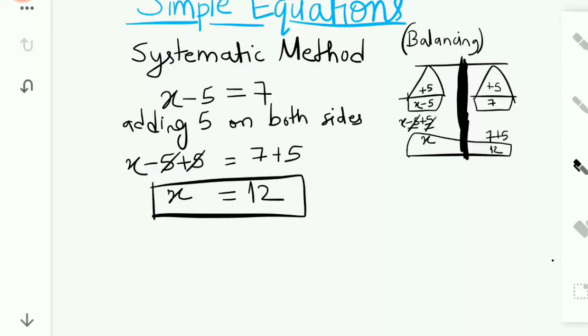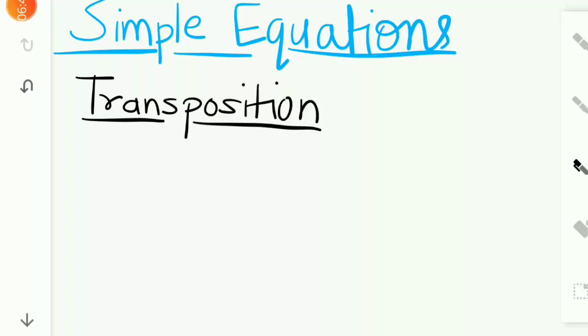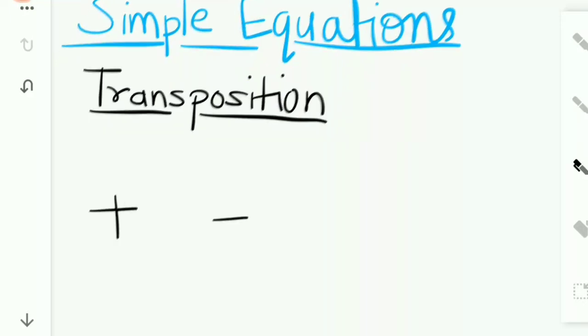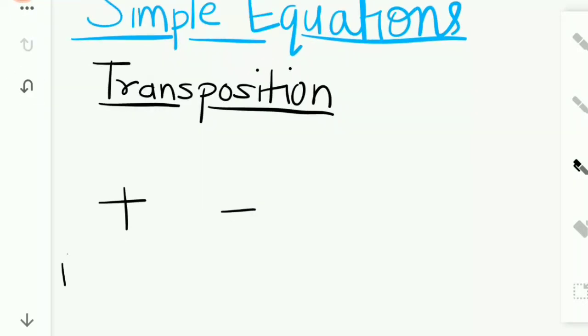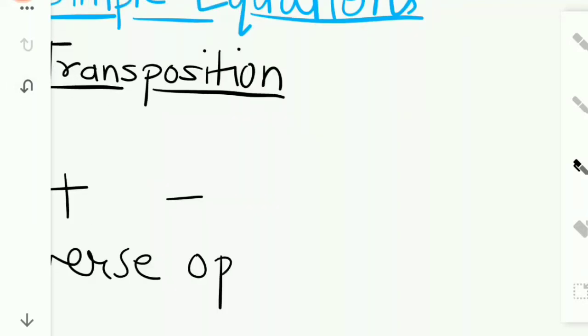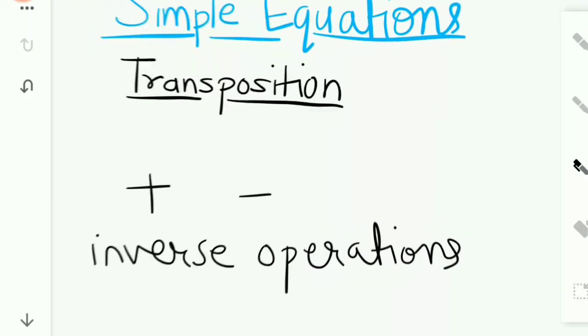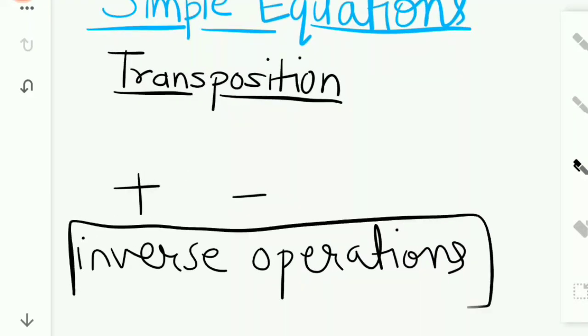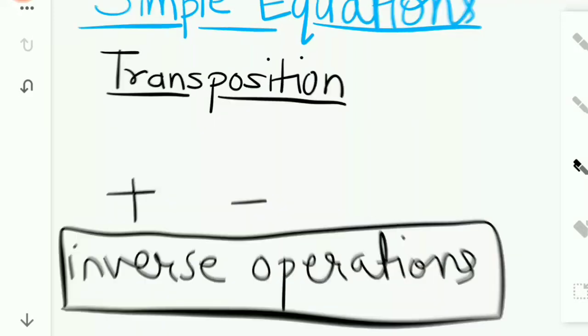Let's see the next method. Next is transposition. Before going into this, let's revise that addition and subtraction, these two are inverse operations of each other. What does that mean?